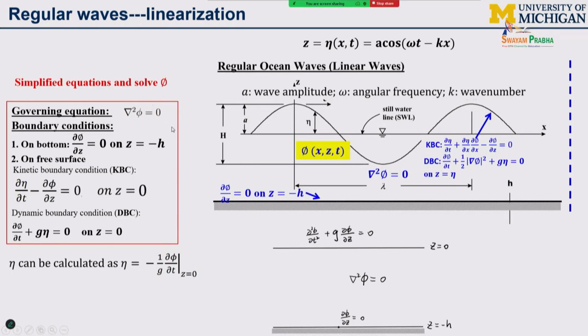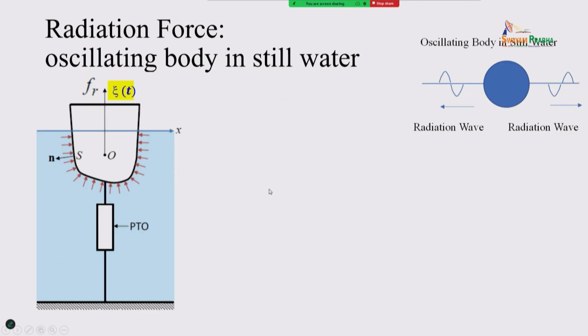Under this assumption, you can use linear wave theory, with the Laplace equation for phi, the Laplacian of phi equals 0, and the boundary conditions. Wave theory is based on simplified equations under the small wave assumption. Similarly, when we talk about radiation force, we use linear wave theory to understand that too.